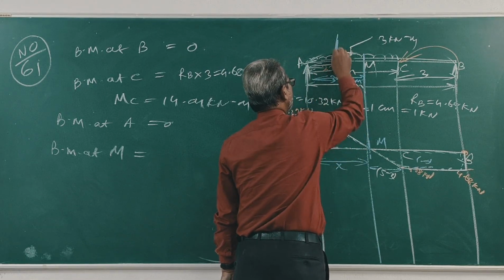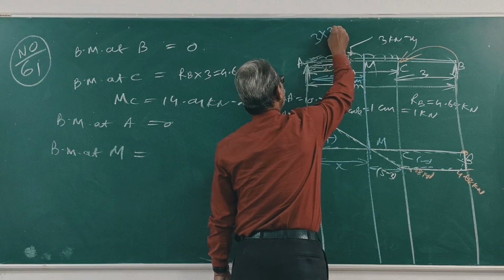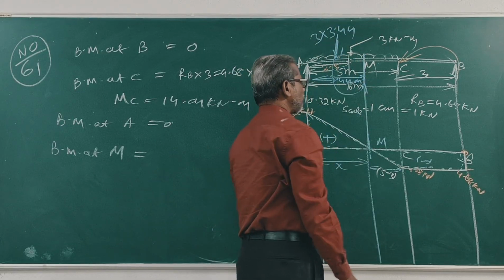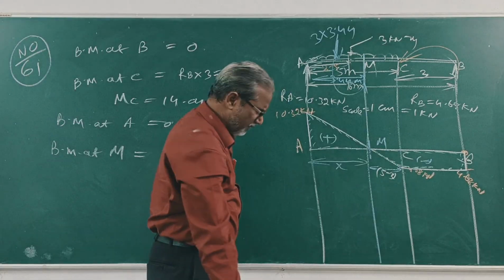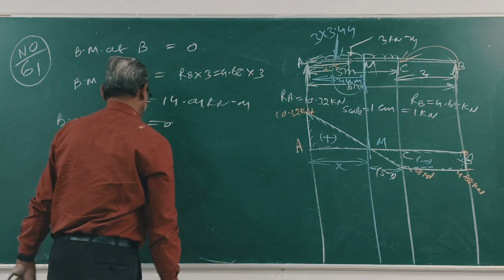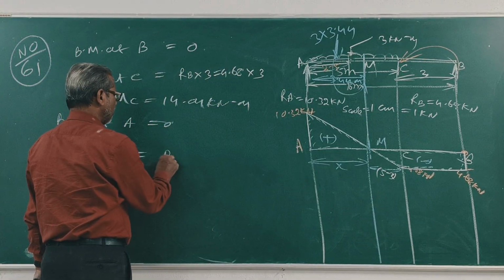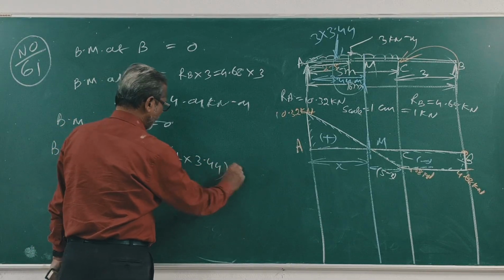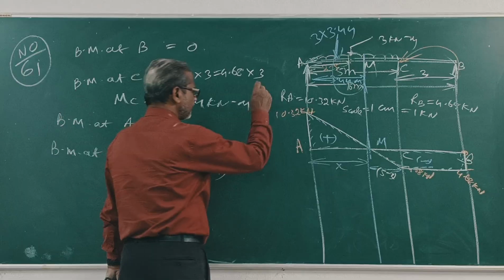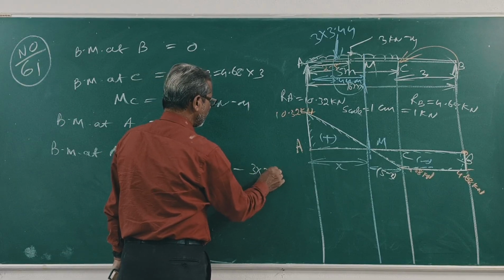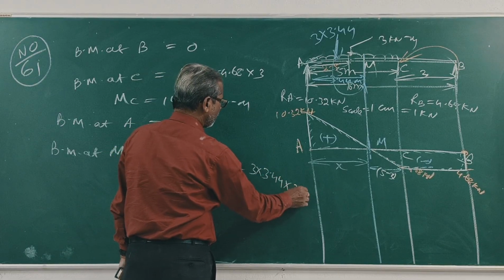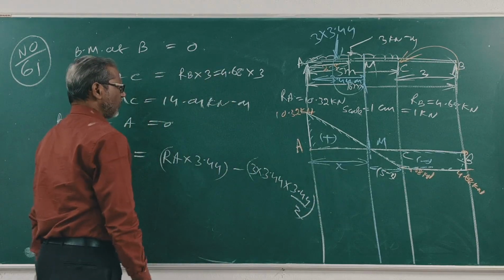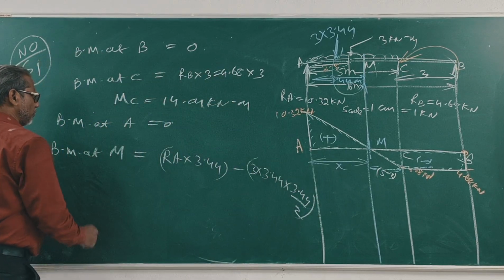So this is load 3 into 3.44, into 3.44 by 2. So bending moment M is equal to R into 3.44 minus 3 into 3.44 into 3.44 by 2. What is R? 10.32.